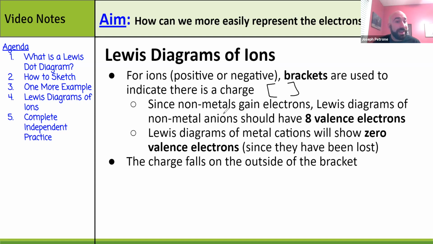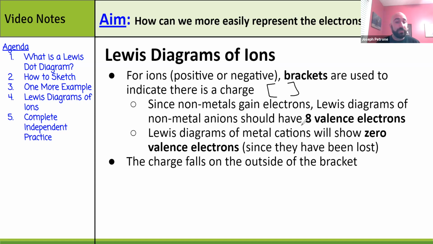Since these are gaining electrons, their Lewis diagrams are going to indicate that there are 8 valence electrons. No matter how many it starts with, our end goal is to have 8. For the metal cations, those are the ones who lose their electrons, they show that there are 0 valence electrons. Once again, they've been lost, so no valence electrons will be shown.